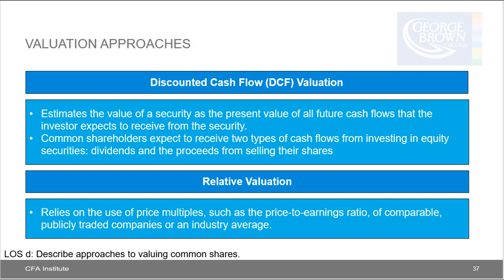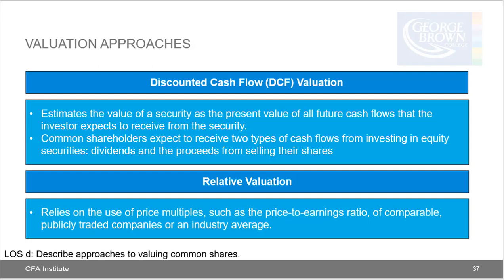We call that the terminal value, okay? So this valuation approach applied to common shares relies on an analysis of the characteristics of the company issuing the shares, such as the company's ability to generate earnings, because dividends are paid out of earnings, the expected growth rate of earnings, and the level of risk associated with the company's line of business, okay?